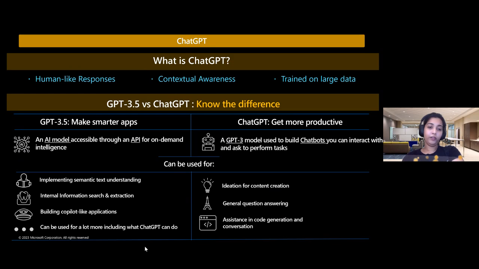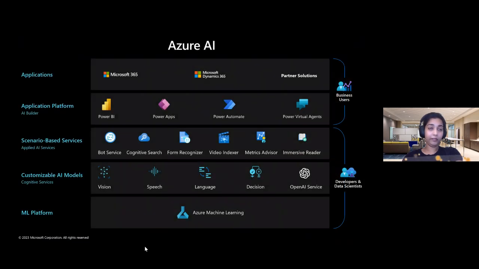Just before I move on to some of the use cases and examples that we are seeing with customers worldwide, I did want to come back to the basics of Azure AI itself within Microsoft. So we're talking about this entire suite of products over here, the 3 layers at the bottom. So we have applied AI services, we have our cognitive services, and then we have our ML platform or machine learning platform.